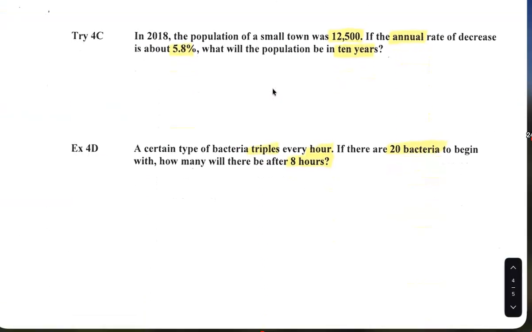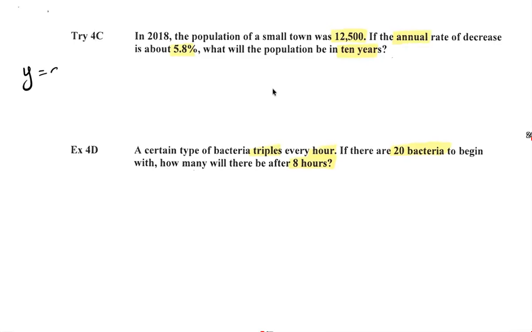I'm going to write down the formula first. Y equals A(1 plus R) to the T. So again, R is our growth rate, T is time, A is our initial amount, just like before. A is initial, R is the rate of change, and T is time.